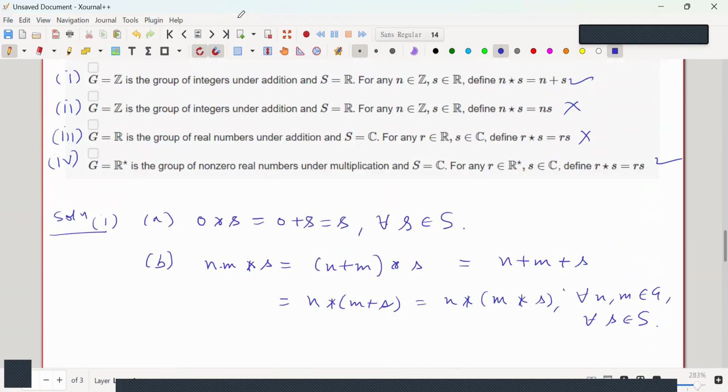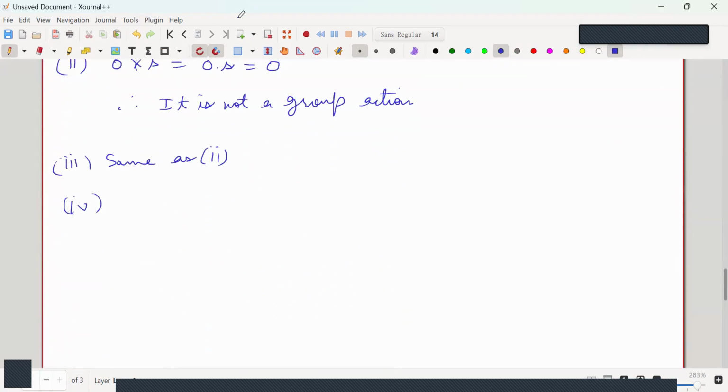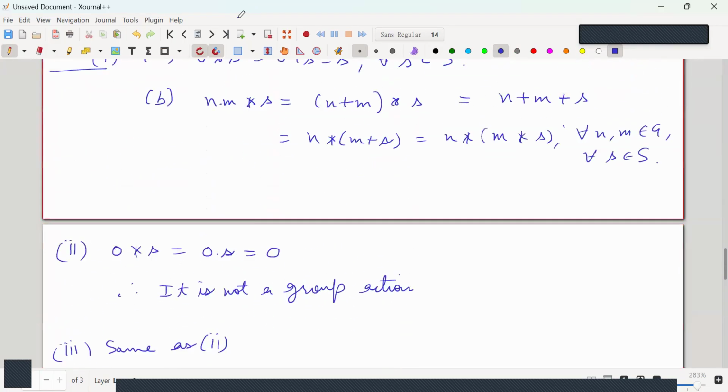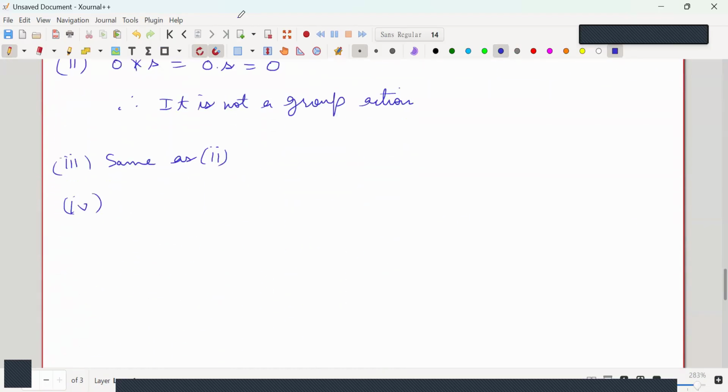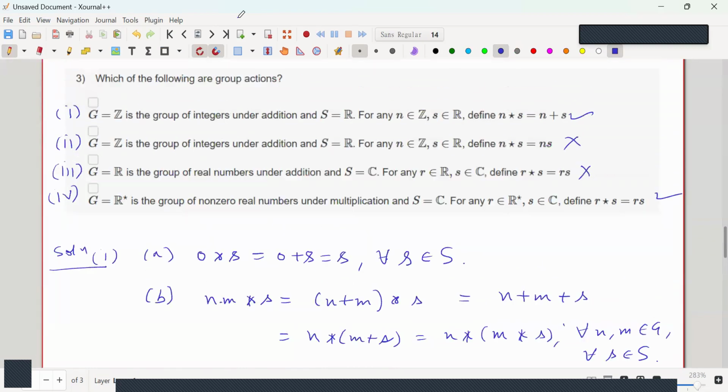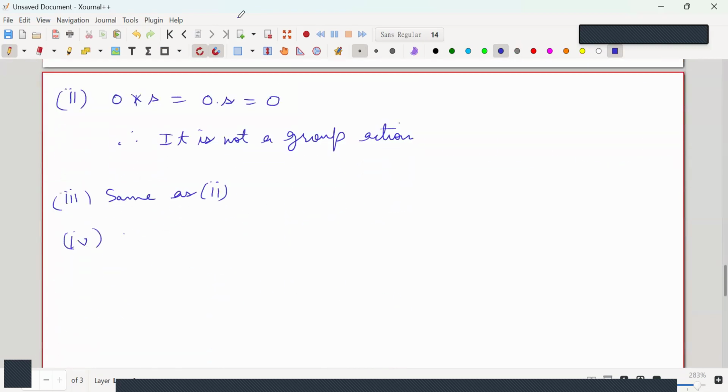R star is the group of non-zero real numbers under multiplication. So here, r star s is rs. The first property: 1 star s is 1s, which is s.